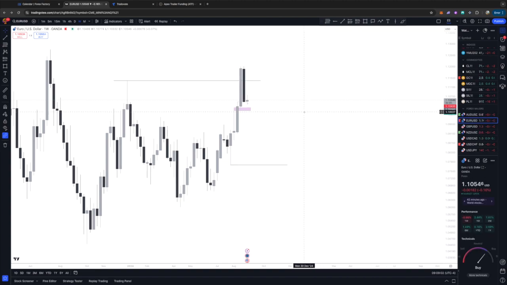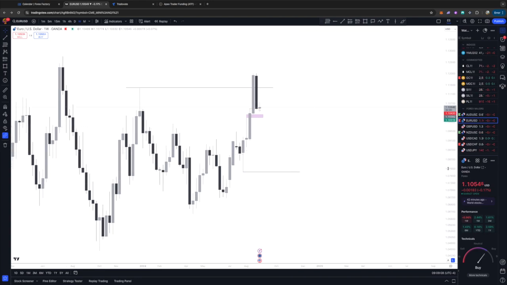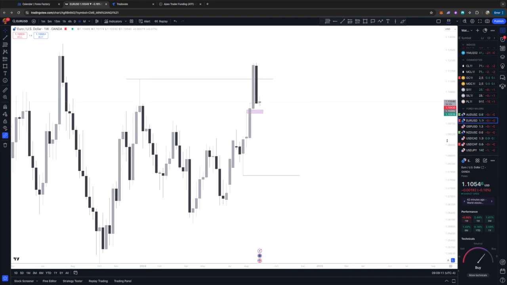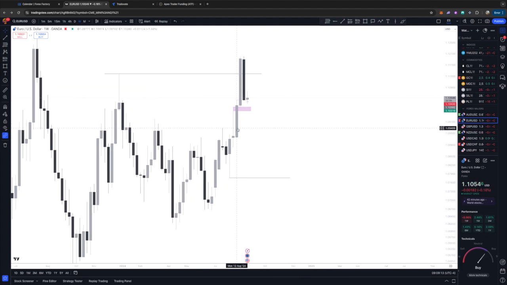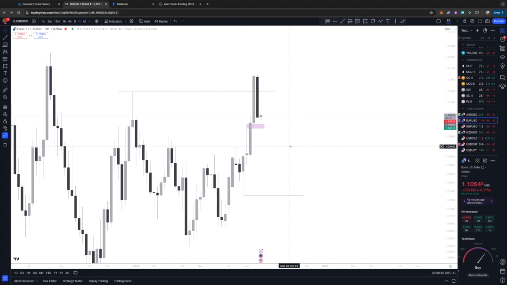So EU was really the only pair, or the only major, that you could look for shorts off a strong dollar in the short term, the dollar going up.